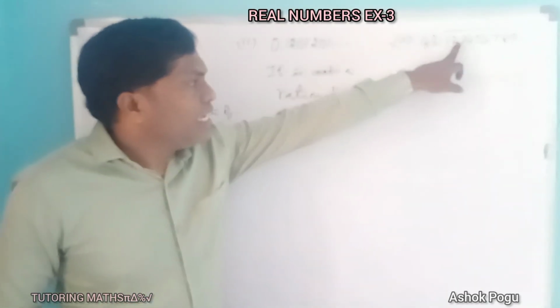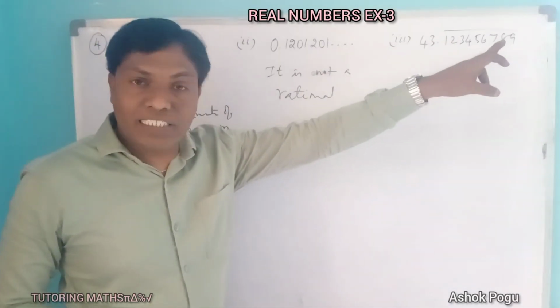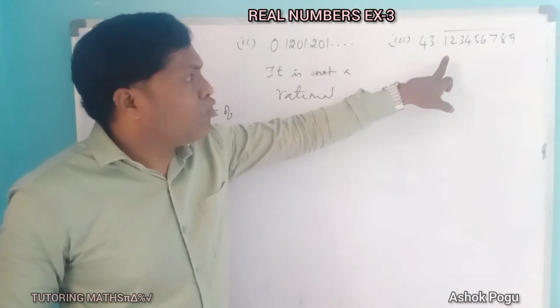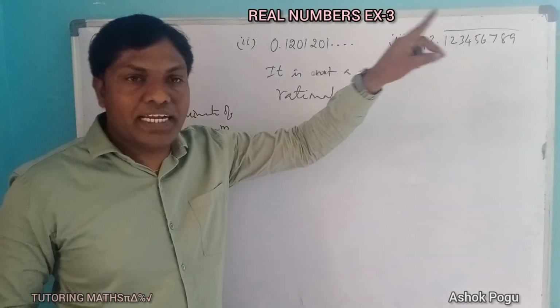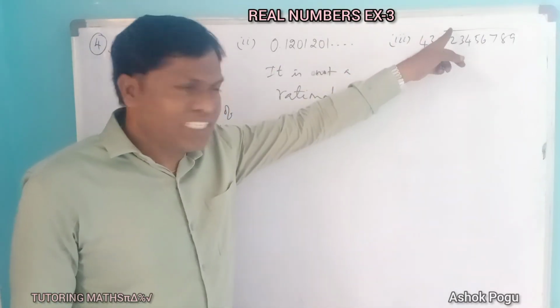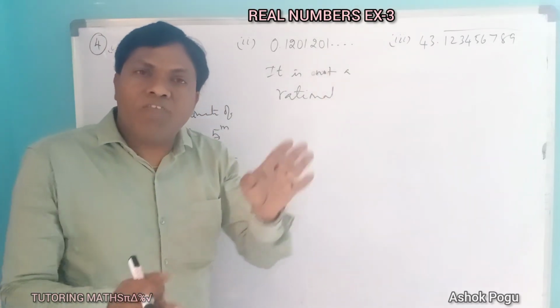Coming to this, here it's very clear. We have a bar for 1, 2, 3, 4, 5, 6, 7, 8, 9. You can say that here the decimal value 1, 2, 3, 4, 5, 6, 7, 8, 9 is a repeating decimal, isn't it? It is repeating, because the digits having the bar will be repeated.